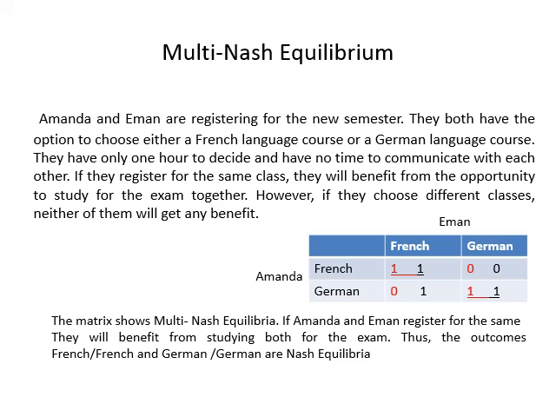If Amanda chooses German, Iman will also choose German. If Iman chooses German, Amanda will also choose German. So the underlying outcomes are either French or German.